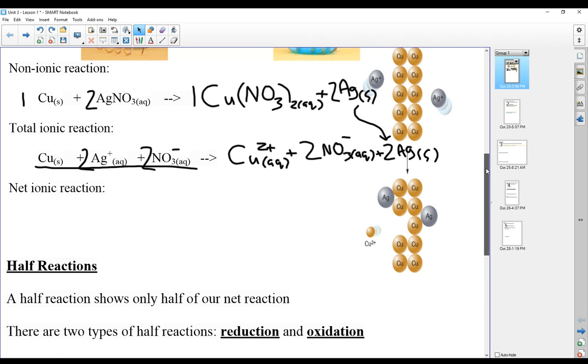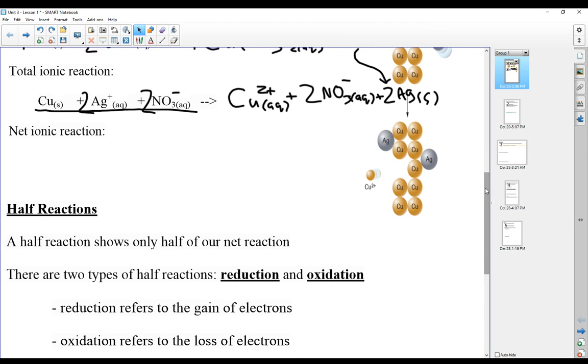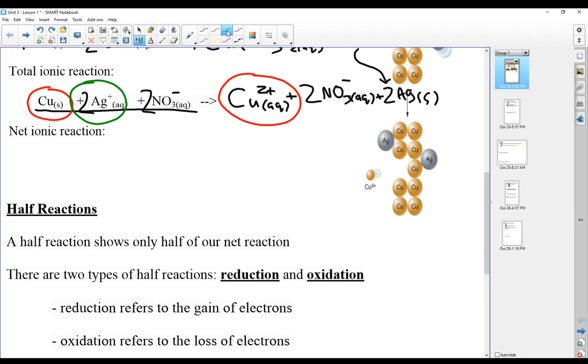When we begin to look at our net ionic reaction, what changed states? Let's start with the left side. We have copper, which went from a solid to an ion. And we have silver, which went from an ion to a solid, which is an atom.